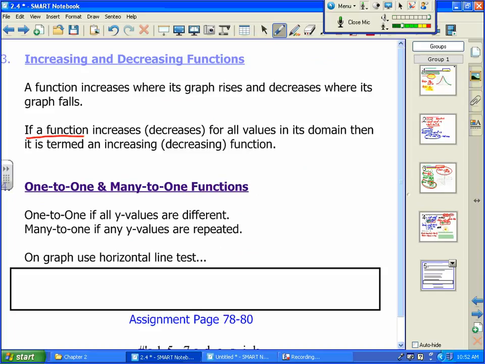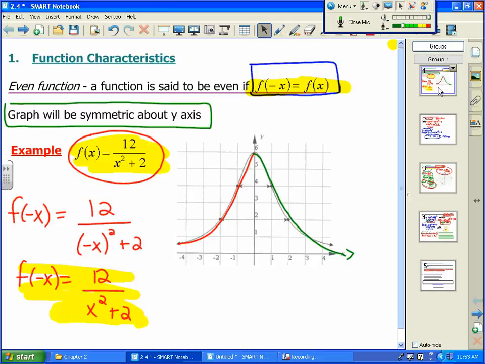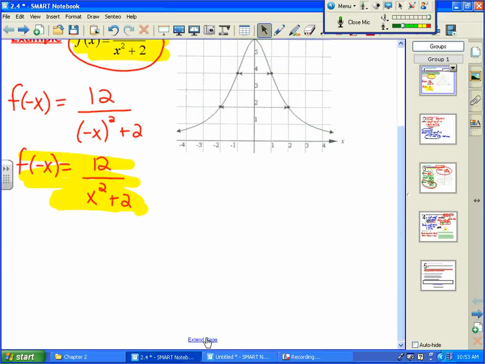Now, here it says, if a function increases or decreases for all values in its domain, then it is called simply an increasing or a decreasing function. So the function that we showed you at the start would not be classified as an increasing or decreasing function because it changes.